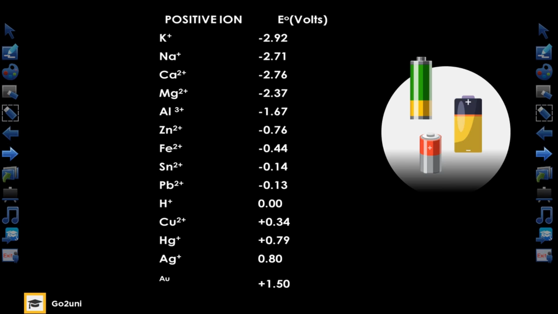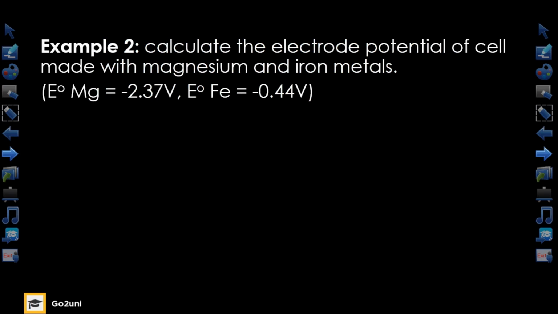Between tin and lead, lead will be more the reduction potential than tin. And between two positive values, the one that is higher will be the reduction potential. This is how to determine which value is going to be the reduction potential and which is going to be the oxidation potential.